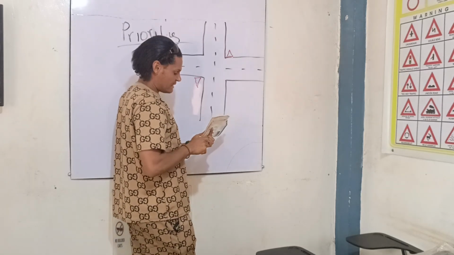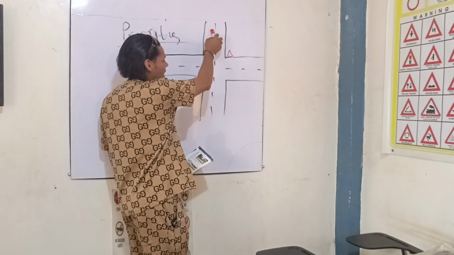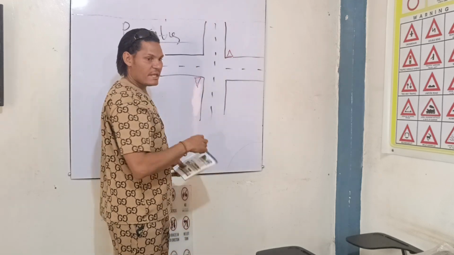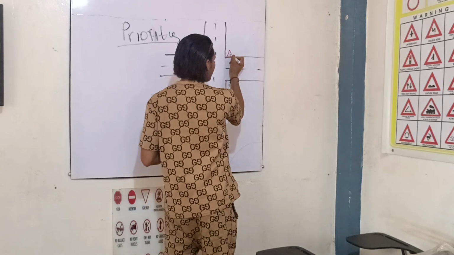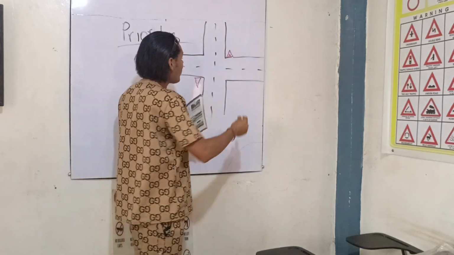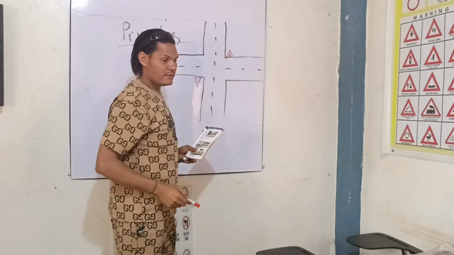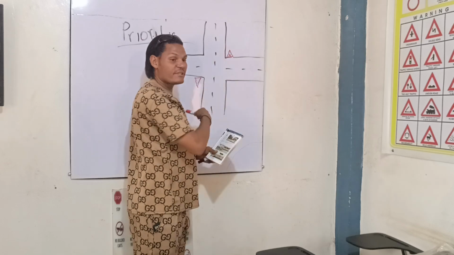Those are priority signs. The upside down triangle tells you what? Give way. It means that the other road has priority. But the one with the little X in the middle we were just talking about is telling you what again? The right driver is right. Give way to your right. So they both have the same function.